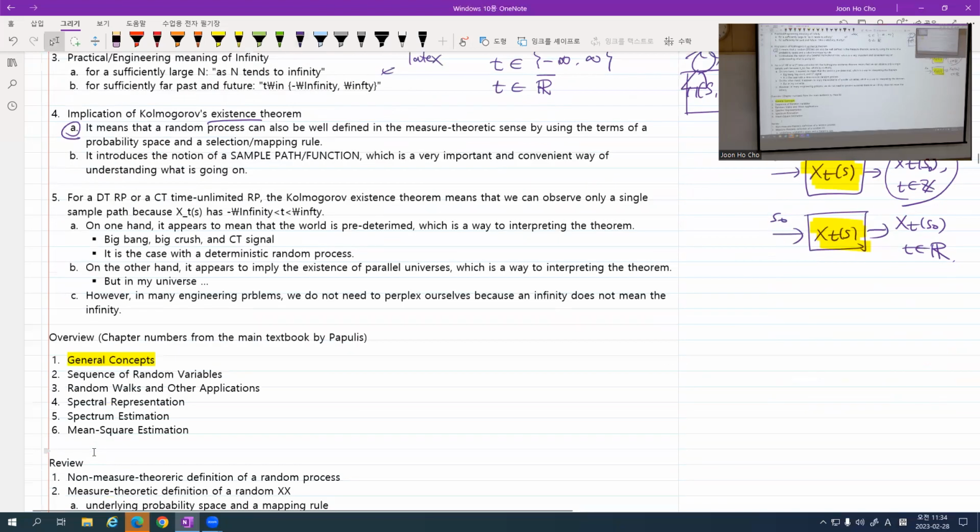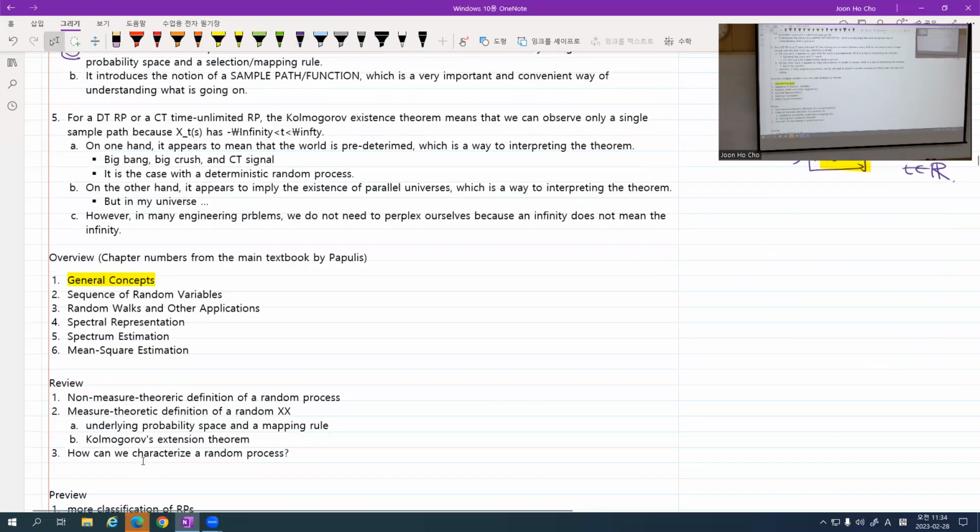Let me go back to the overview of this course. So I'm going to follow the second part of our textbook, not the first part. So we are covering the general concepts of random process.